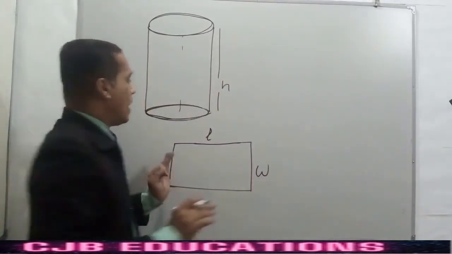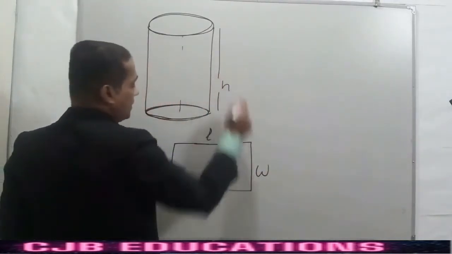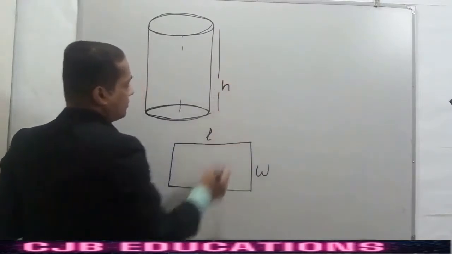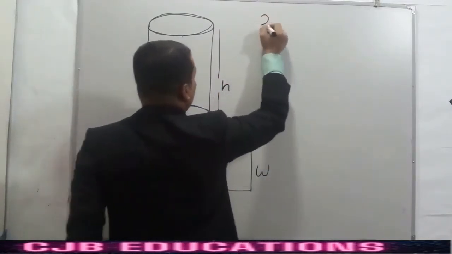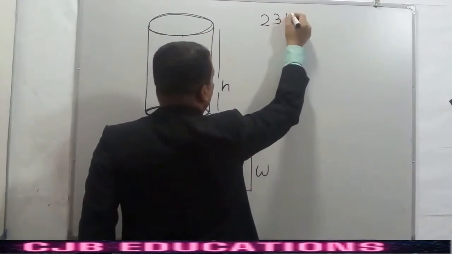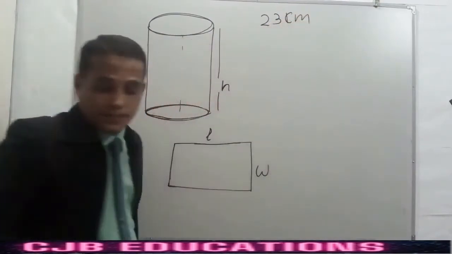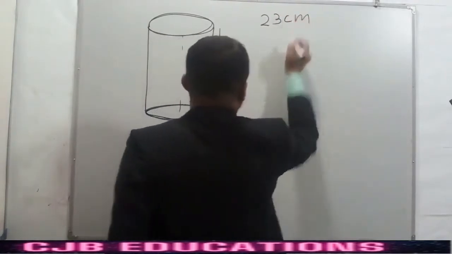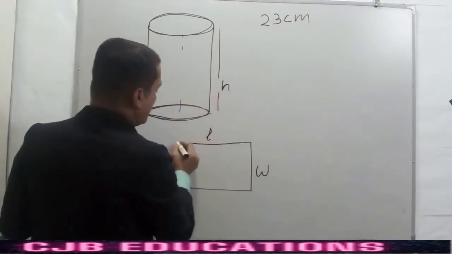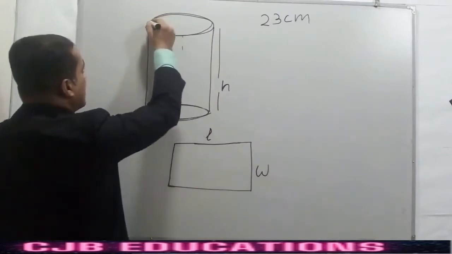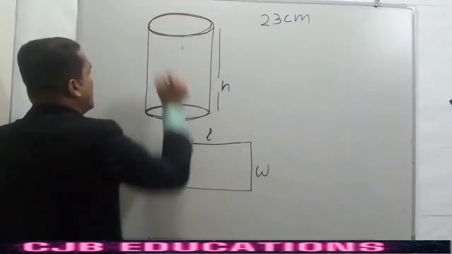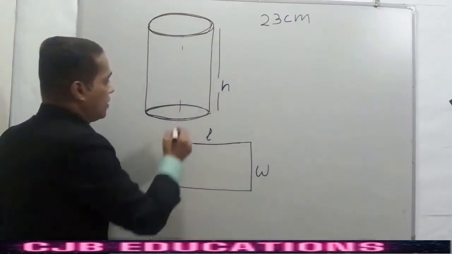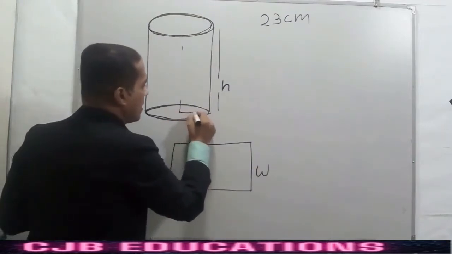Then we have to find this length. Width is the height. We know the width is given as 23 centimeters. And we have to find this length. Length means the circumference of this circle. Then we have to get this radius.